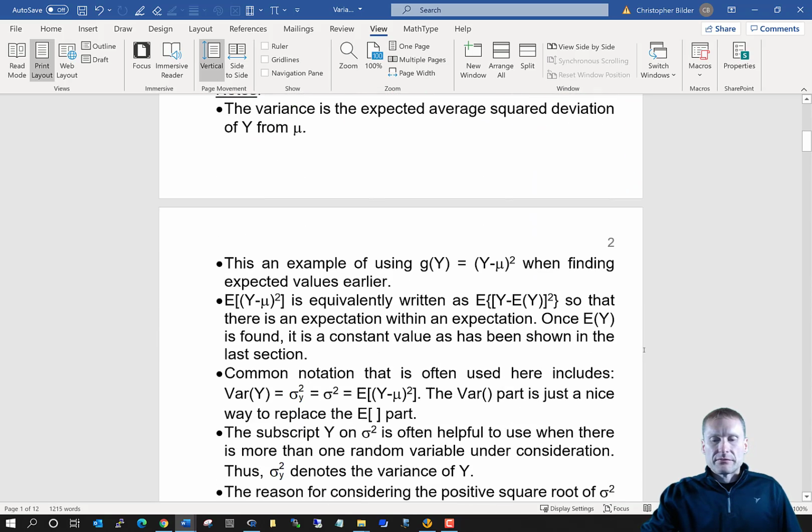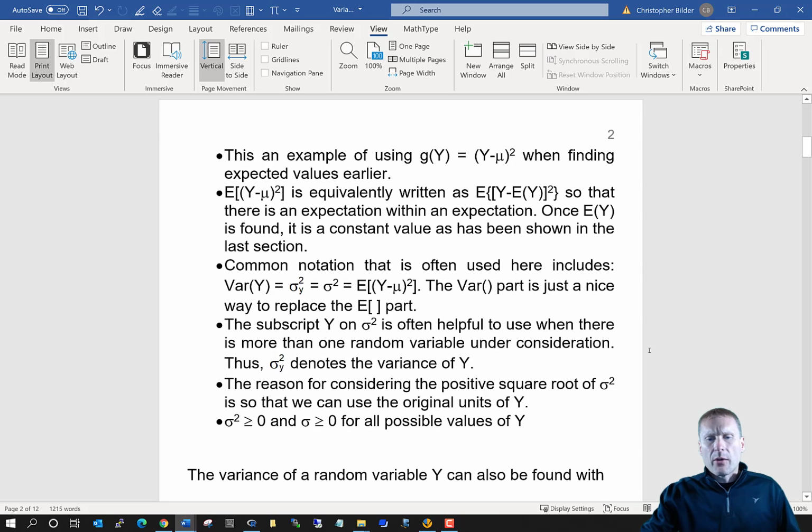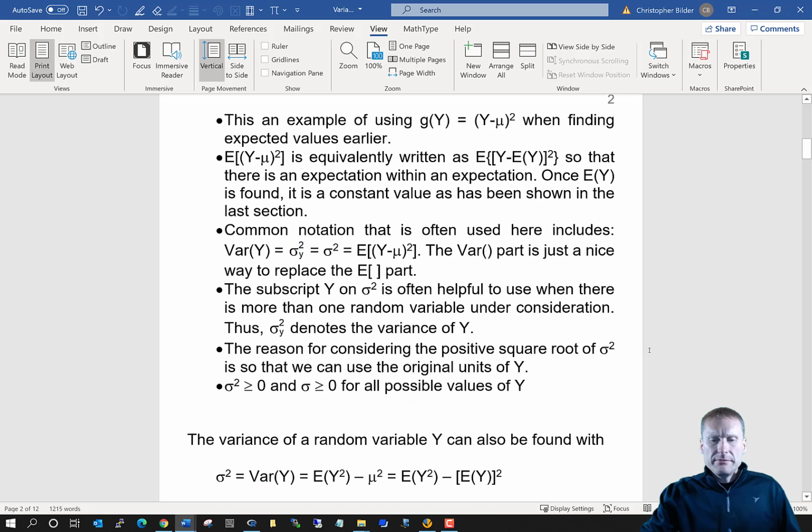Okay. So again, all that a variance is, is a measurement of how far you would expect y to be from mu, squared. I guess we should also talk about this: the reason why we use a square there is so that we always have a positive value, similar to what we saw with an absolute value with that expectation before.